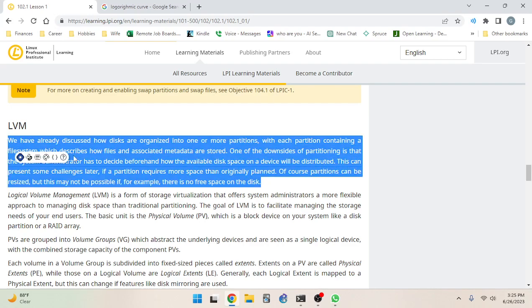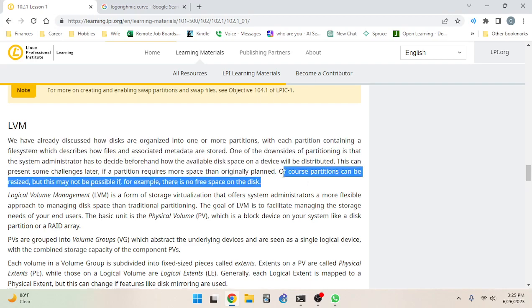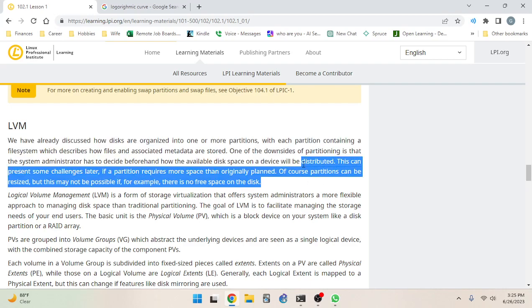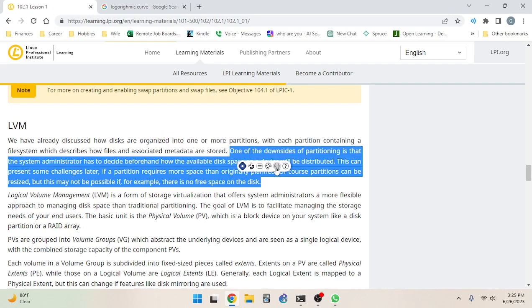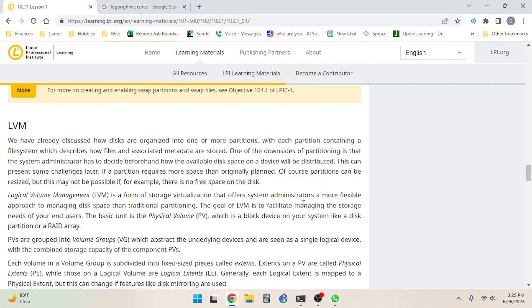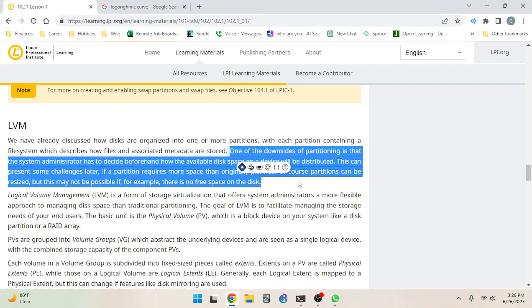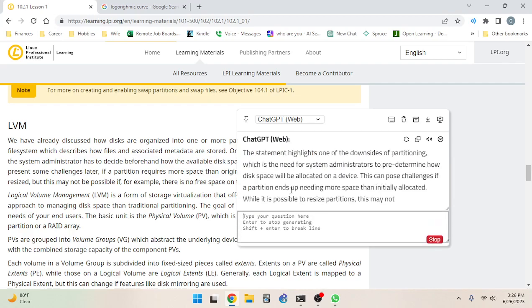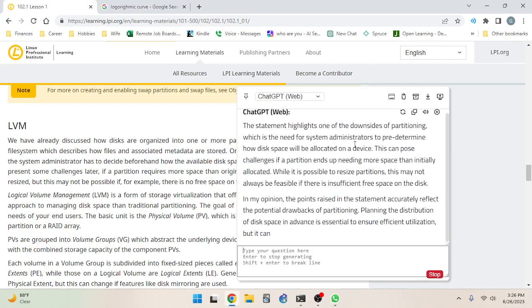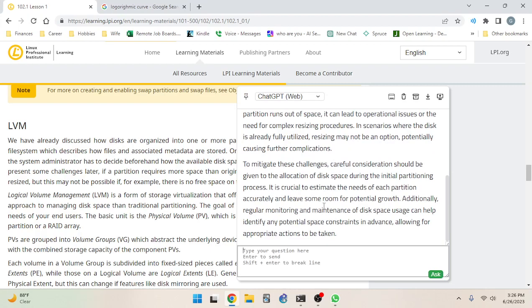I'm kind of curious, what if you want to shrink the disk? So I'm going to ask the AI, what if I want to shrink the size of the partition? I always need to wait for it to generate, which is really annoying.